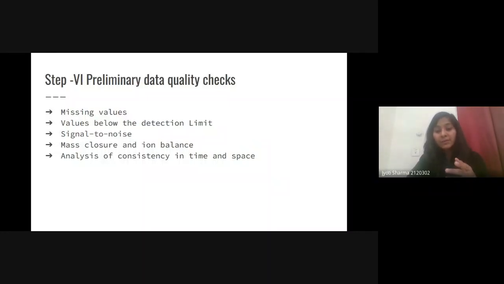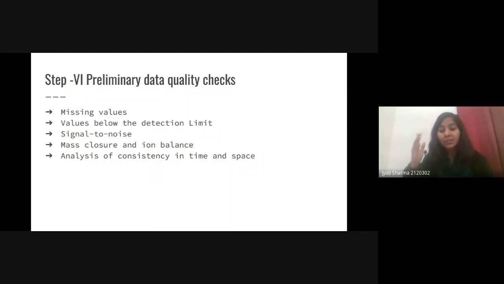Then there may be some values that are below the detection limit. For example, if there is a chromatography instrument, and the minimum limit that it can identify of the concentration of the organic compound is, let's say, 1 gram.